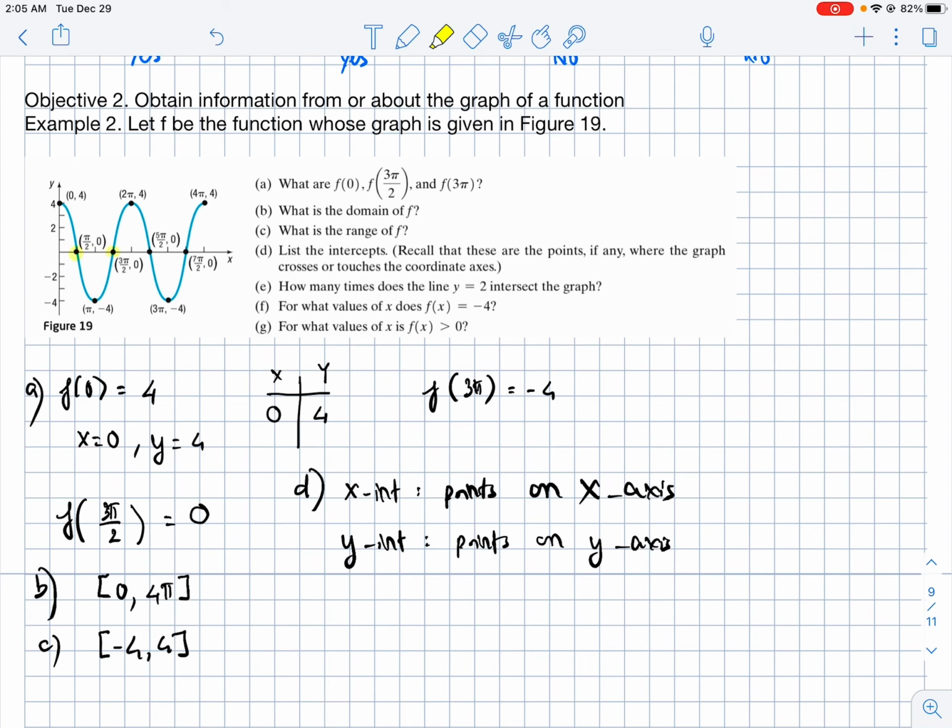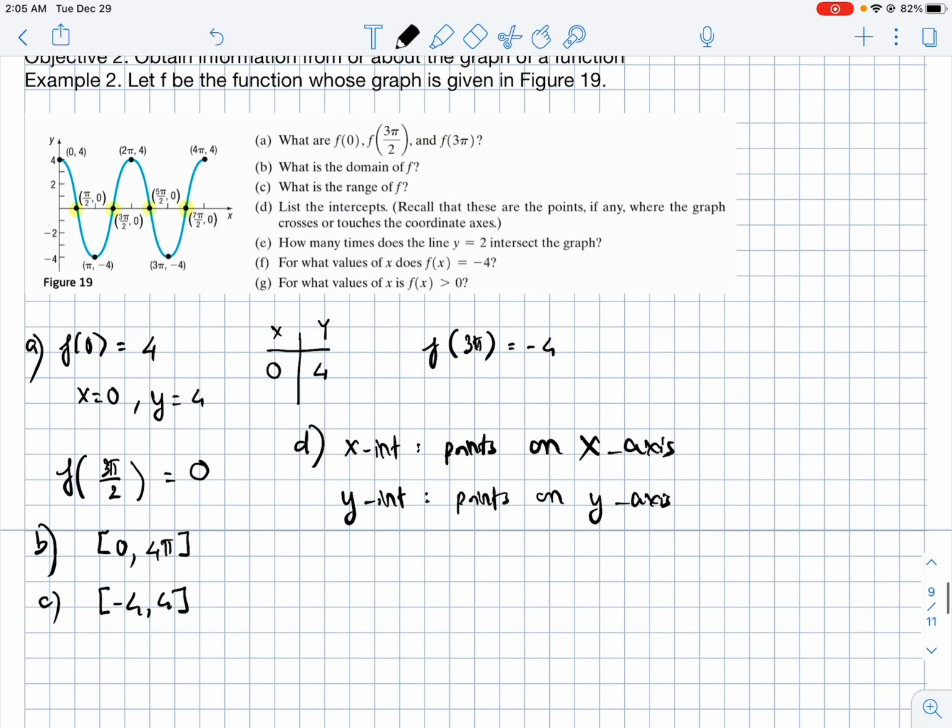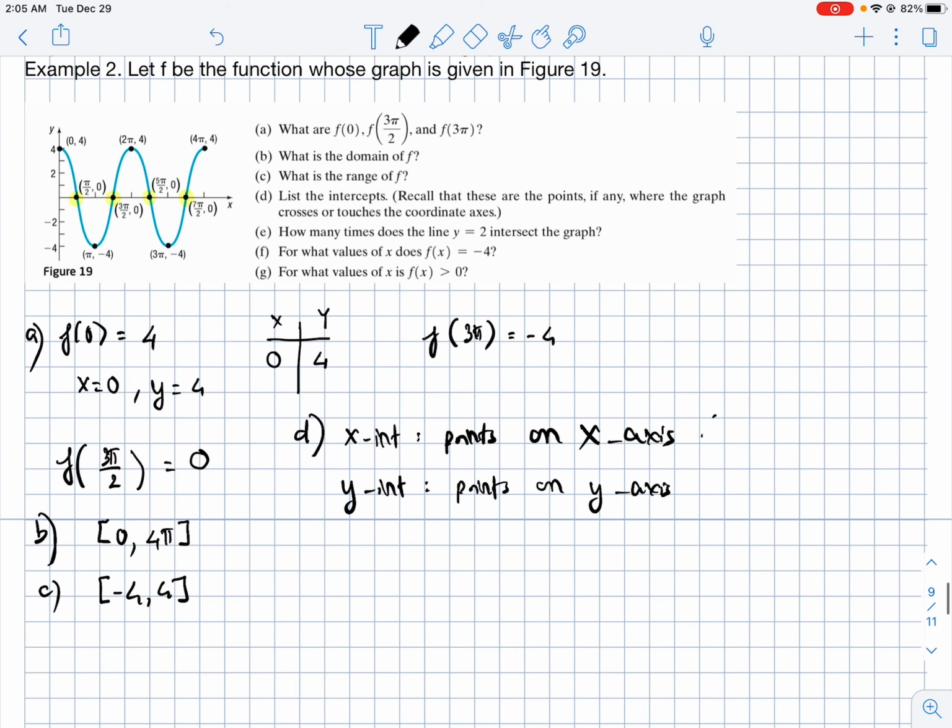So look at the x-axis. You see this point on the x-axis, this point, this point and that point. So we have 4 points on the x-axis. So they are the x-intercepts: pi over 2, 0; 3 pi over 2, 0; 5 pi over 2, 0; and 7 pi over 2, 0.